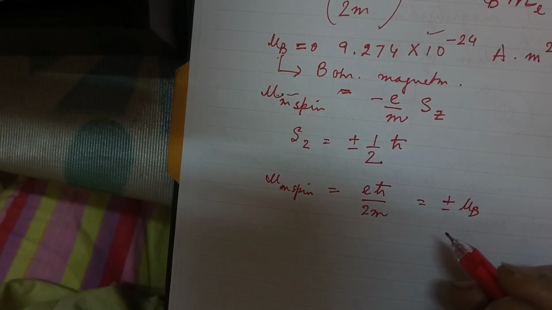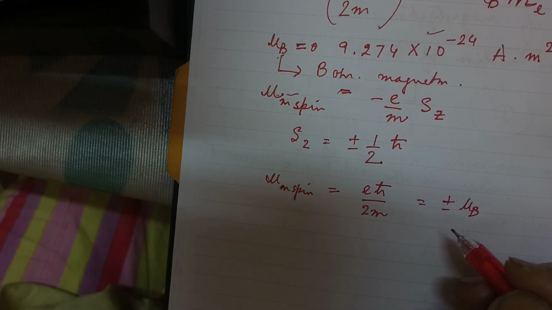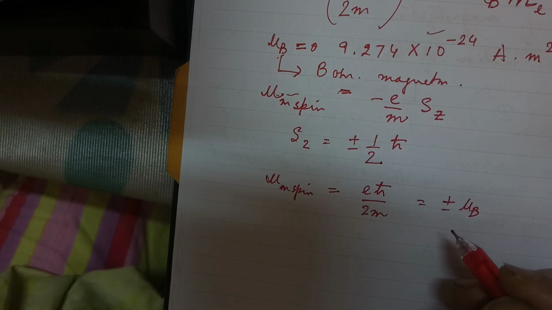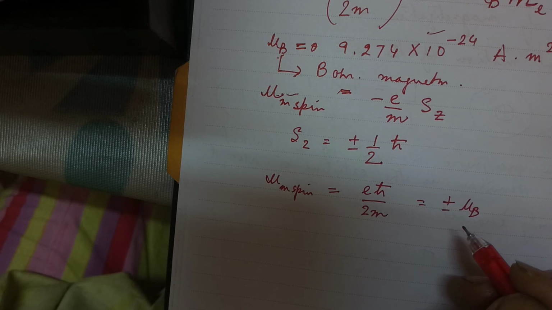So each orbital in an atom accommodates two electrons which orient themselves in opposite directions and revolve in opposite direction. Because of this, the spin and orbital magnetic moments of the pair cancel each other. Consequently, an atom having completely filled electron subshells or shells does not possess a permanent magnetic moment.